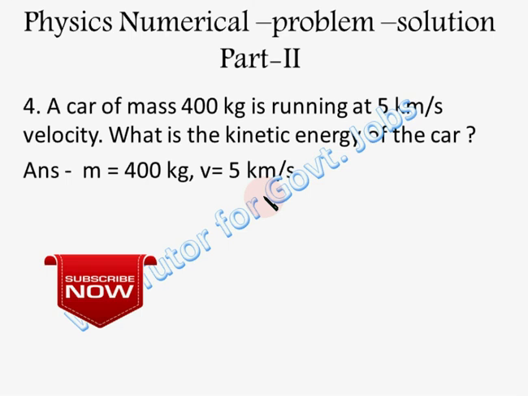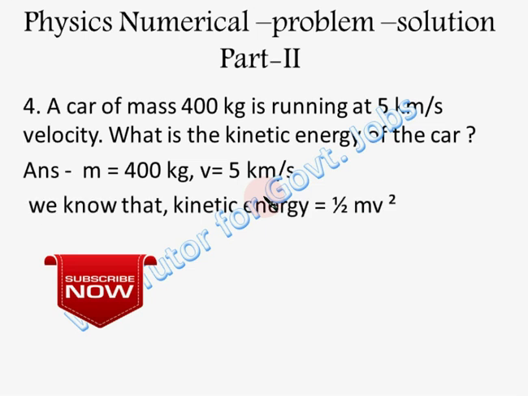Both are in SI unit, so our answer should be in SI unit. Therefore, we know that kinetic energy is half M into V square. Now we put the value in this equation. Half into the value of M 400 kg into the value of V 5 km per second squared, and the unit is again joule. Therefore our answer will be 1000 joule.